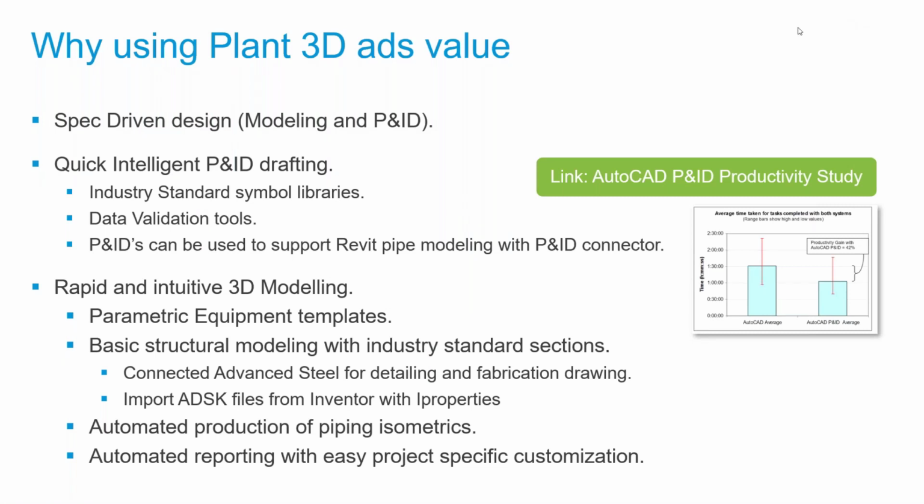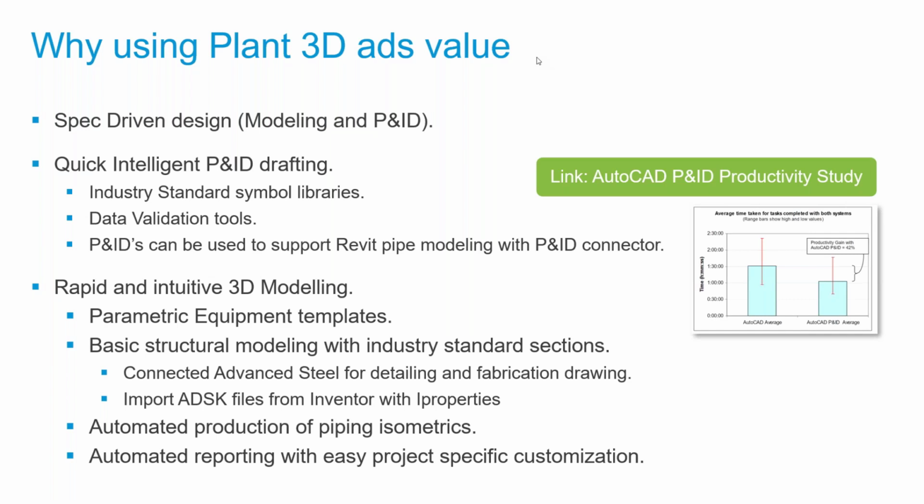So why does using Plant 3D add value? You see on the right side, we put a link to a productivity study showing the value of using AutoCAD P&ID, Process and Instrumentation Diagram. The average gain in efficiency is 42%.